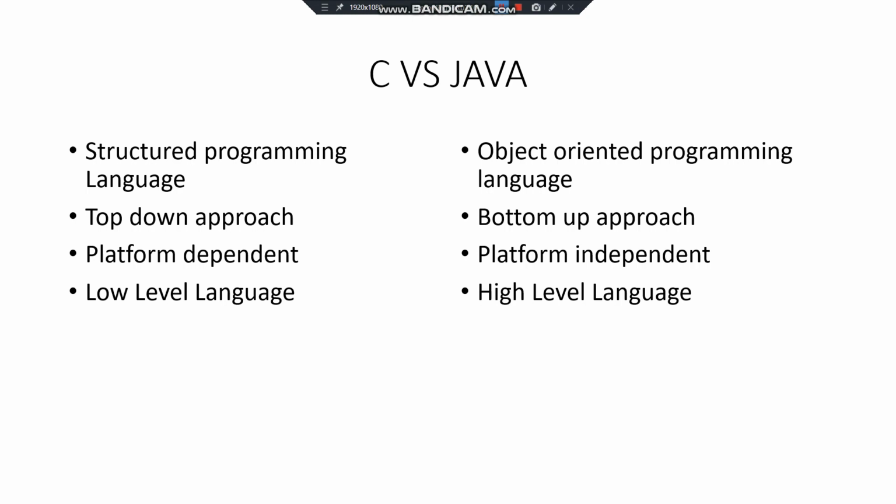The next difference is that C is a low level language, meaning that it cannot interpret things, whereas Java is a high level language, meaning it is mainly an interpreted language which can interpret the objects and the classes.